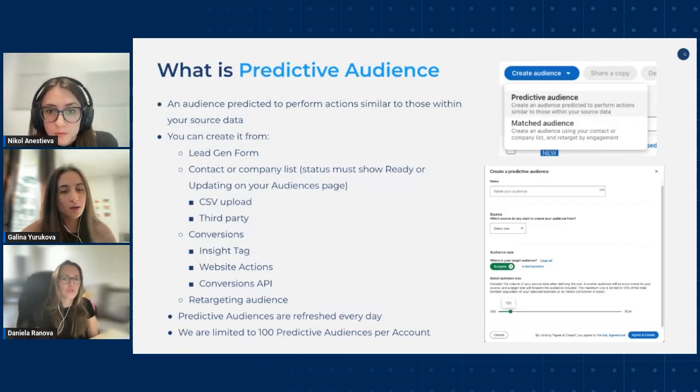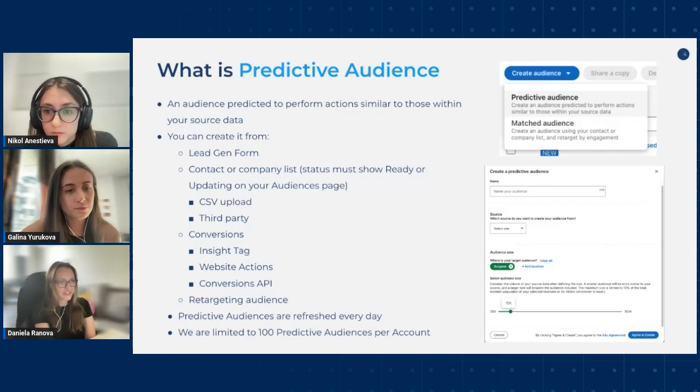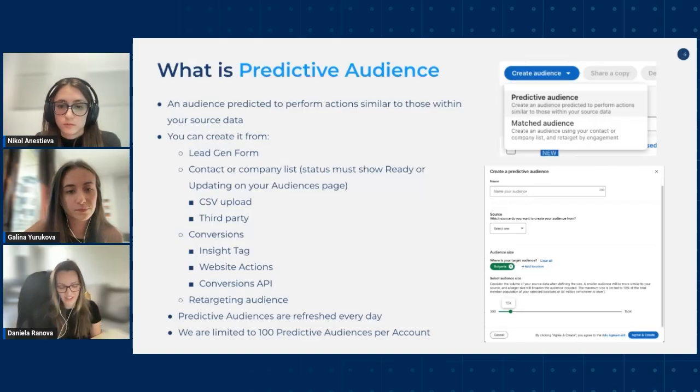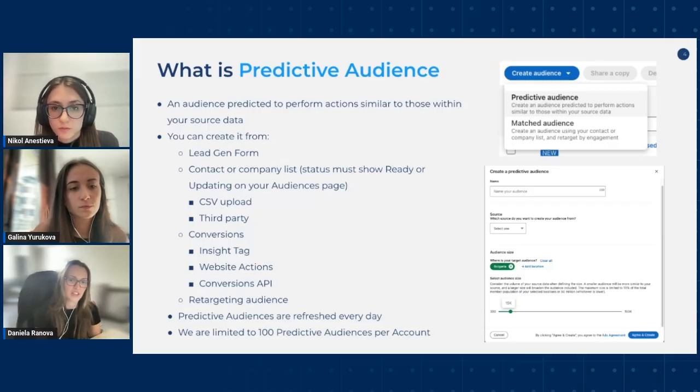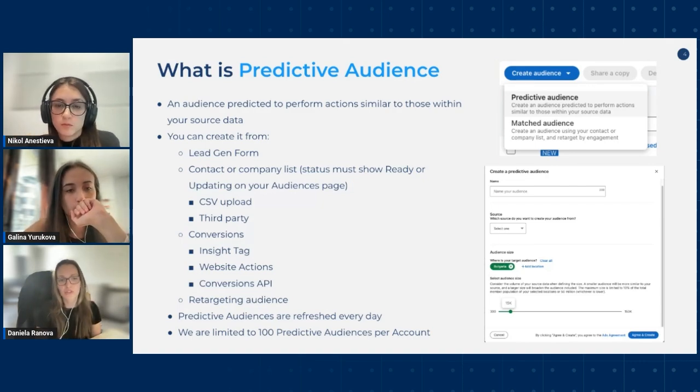So how do they look specifically in LinkedIn? Essentially, they use a source data, and we can use a couple of different sources for these predictive audiences. We can use lead gen forms. We can also use first-party data, such as contact lists from our CRM. We can use CSV uploads.